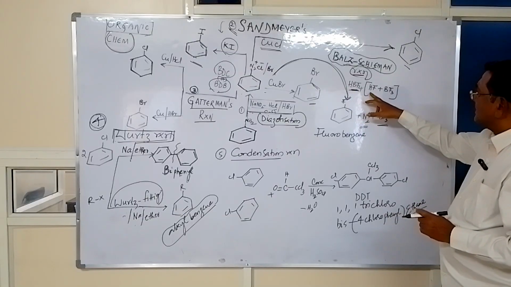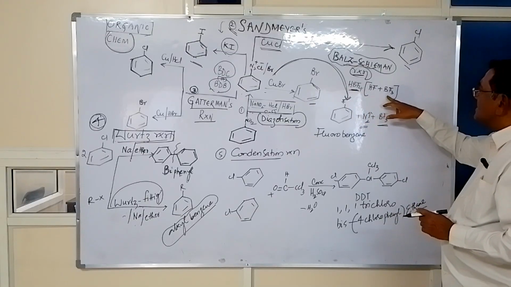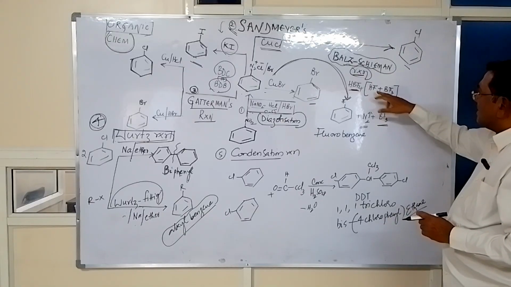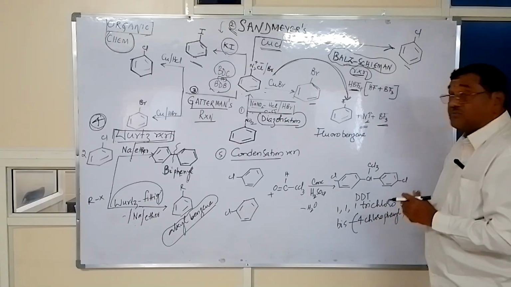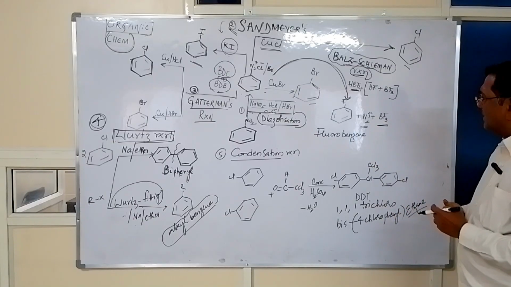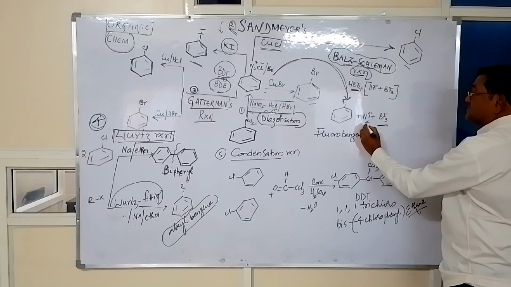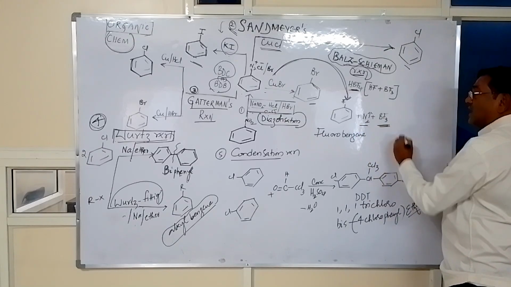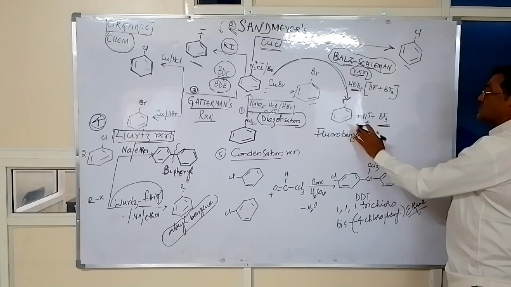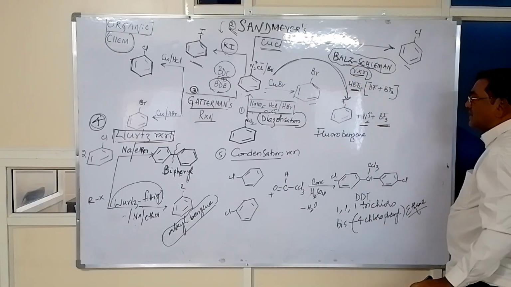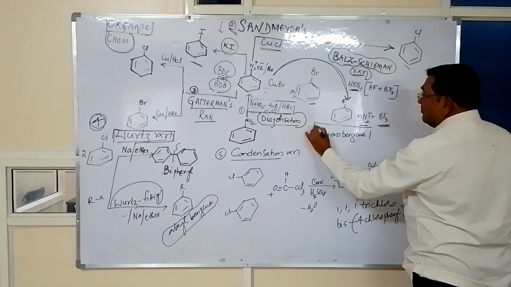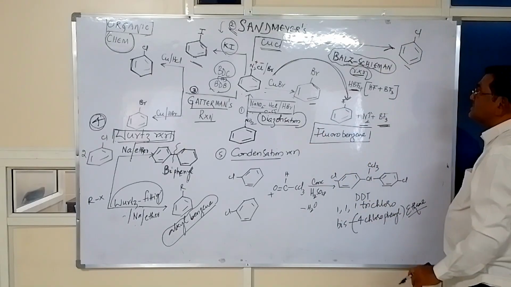It's an unstable compound, an HF and BF3 mixture. Then you get fluorobenzene, a very popular reaction. It liberates 1 mole of nitrogen gas and 1 mole of BF3. That's the Balz-Schiemann reaction, where we prepare fluorobenzene.